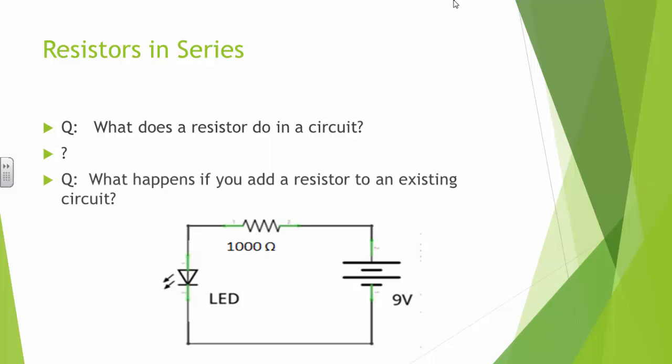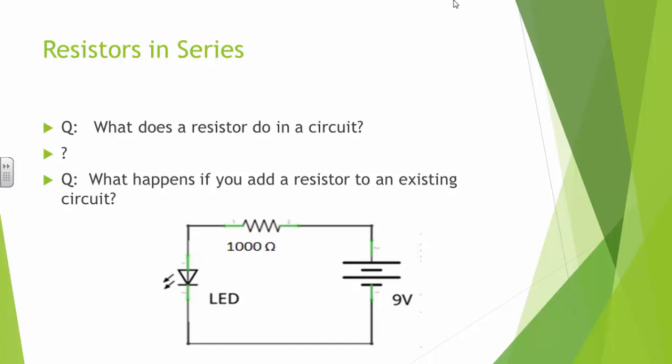Hopefully, you answered a resistor either removes energy from an electron, which is true, or, maybe more likely, a resistor slows down the current in a circuit. And it's that second piece of information we're going to use a lot today.